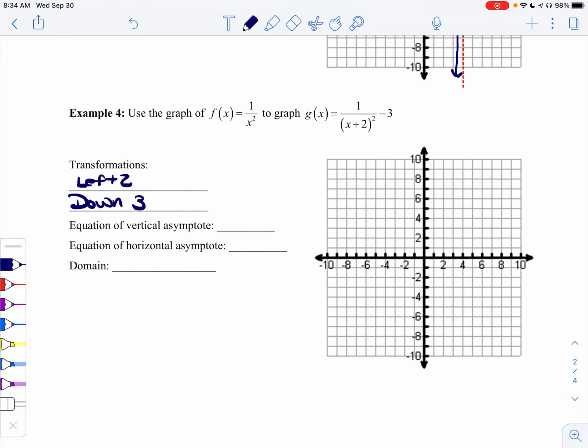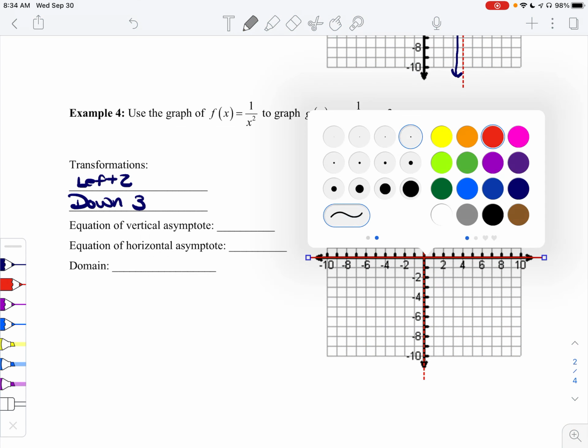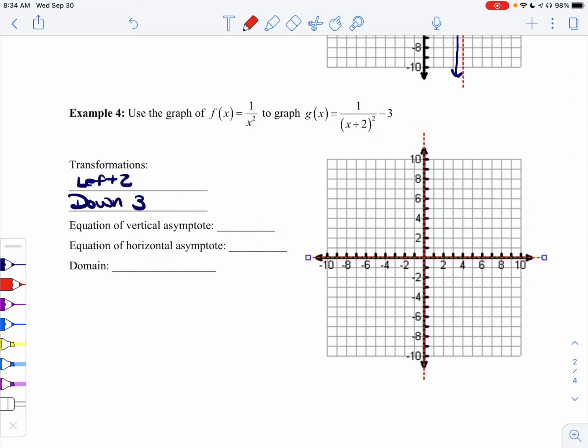Again, we're following the same rules that we did with transformations previously. All right, so just like I did on the last one, I'm going to sketch in my asymptotes from the parent function first. Okay, so don't draw these in just yet if you're following along with me. Okay, so these are our asymptotes that we originally had on the parent function.